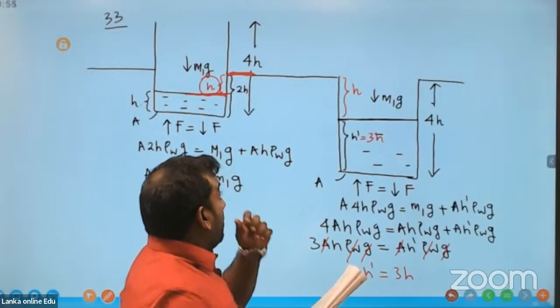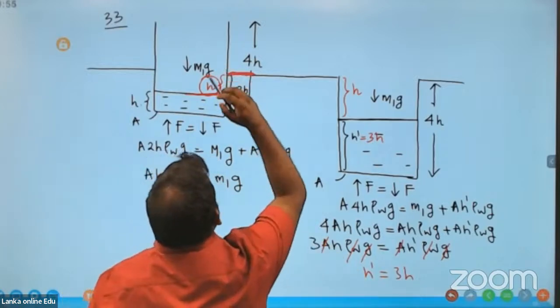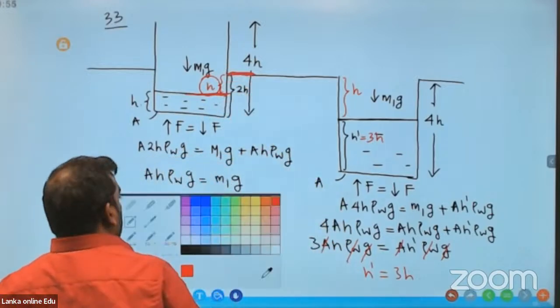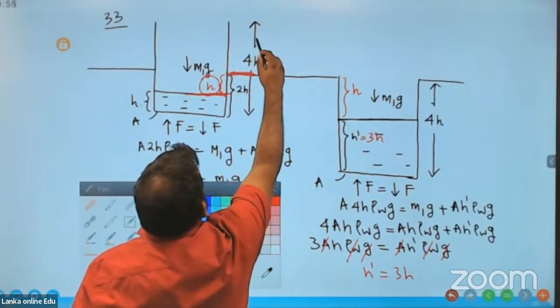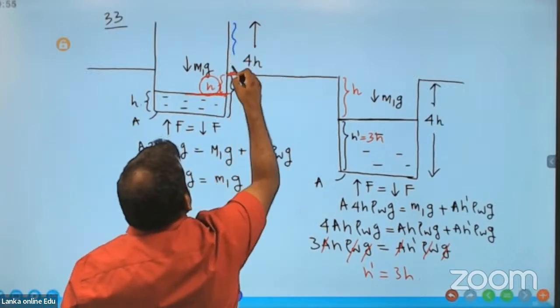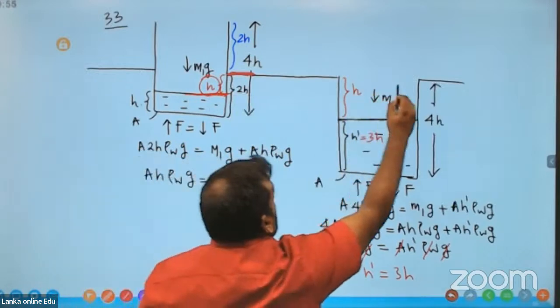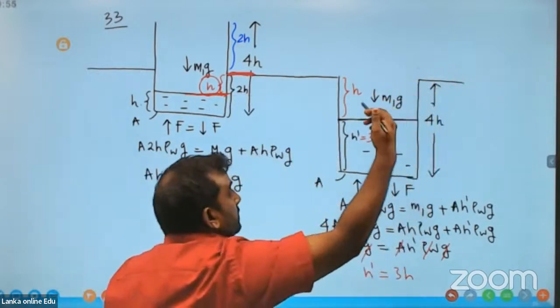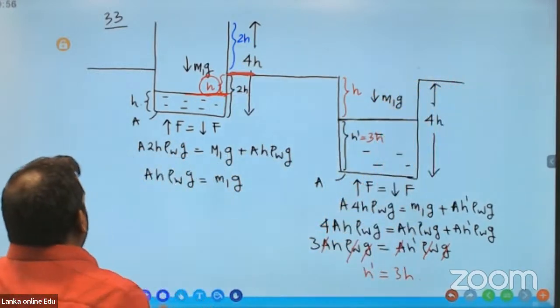So what can you say about this outer height? There also they are asking about the outer height. Now 4h, 2h, this is 2h. Now the outer height will keep on reducing, no?